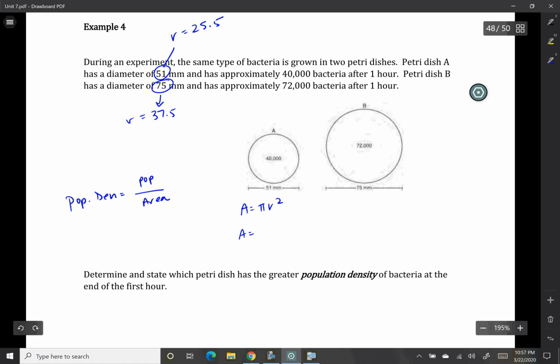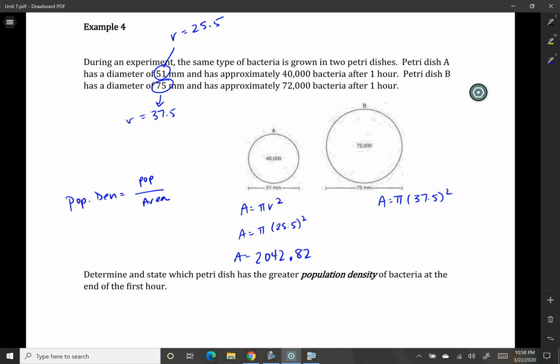So the area of this smaller petri dish is going to be pi times 25.5 squared. If we type that in our calculator, we can approximate that answer. It's going to be a relatively big number: 2042.82. That's good enough.